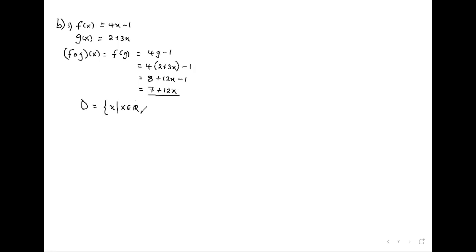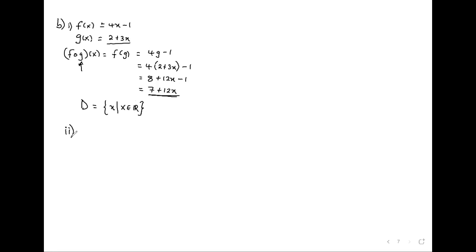Let's go to the inner function g. X also can be any real number. So it means that we close there. So again, here we get the intersection of the two domains. The outer, the final function and the function which is inside, meaning what you get here and what is inside the g. So let's see the second one.